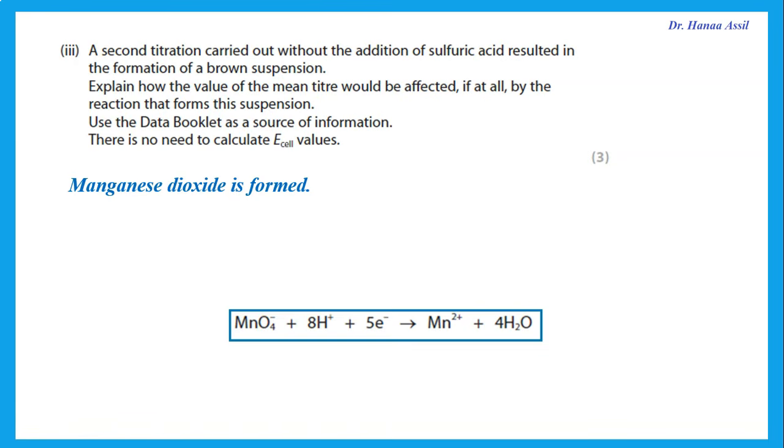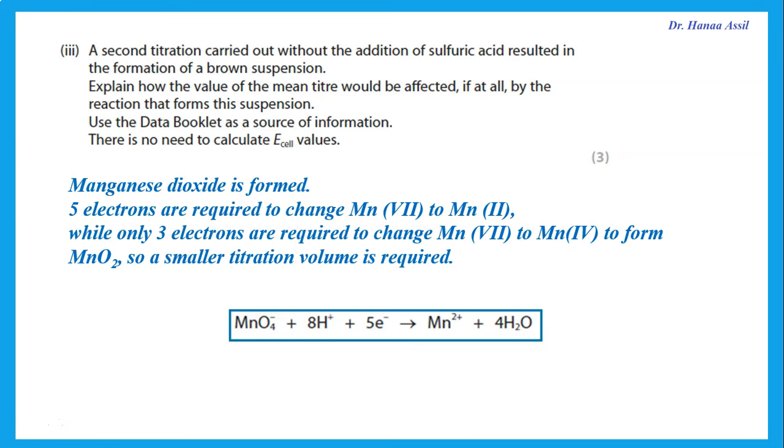Now, how does this affect the value of the mean titer? If we look at the change from manganate to manganese 2+, this needs 5 electrons, to change from manganese +7 to manganese +2.